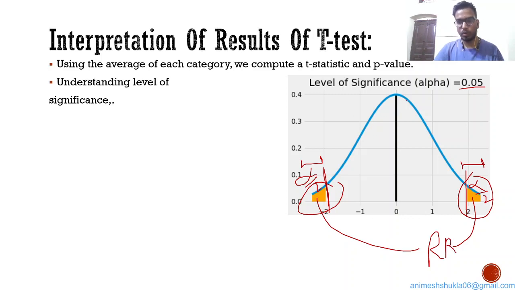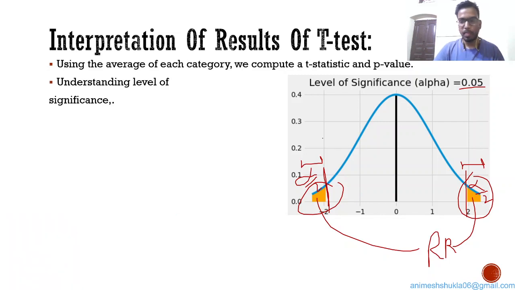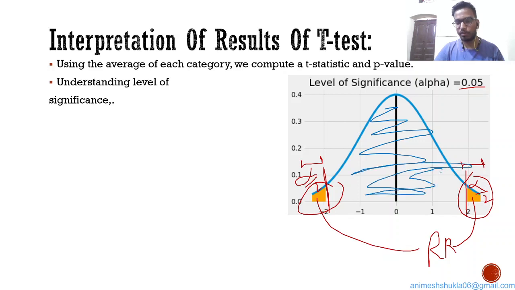And the left out portion, apart from this orange region, let me color it with another color, let's take blue. This whole region apart from the orange region is called the non-rejection region.